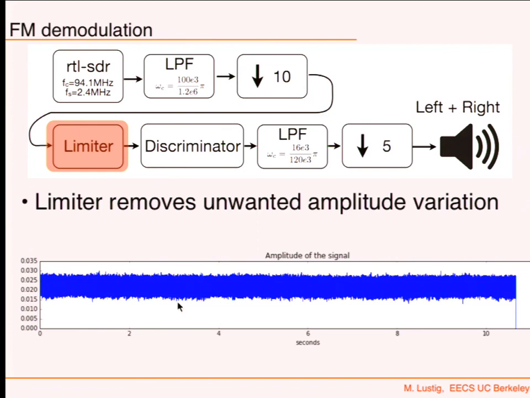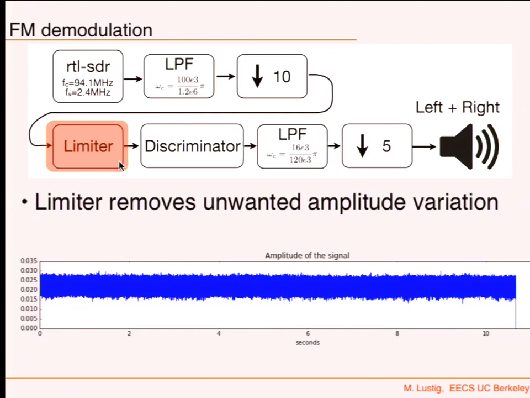How do you demodulate this? There are two components there: one of them is called a limiter, and the other one is called a discriminator. Okay? The limiter will remove unwanted amplitude variation. So after you filtered, decimated, effectively downsampled, there's still amplitude modulation existing in the signal just because of fading, various interferences, lots of propagation issues.